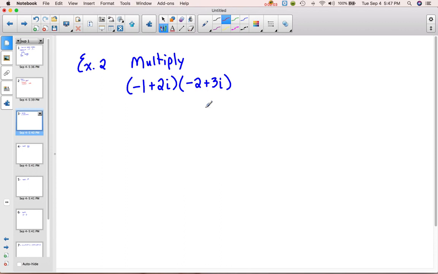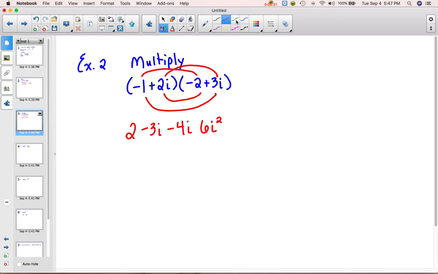When you are multiplying, it's your option. You can FOIL or you can put it in a box. So if you FOIL, we're going to multiply the first, the outside, the inside, and the last. So we're going to have a +2. The outside, we're going to get -3i. The inside, we're going to get -4i. And then the last, we're going to get 6i squared.